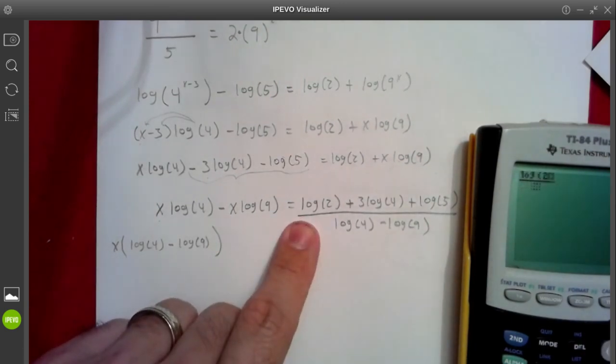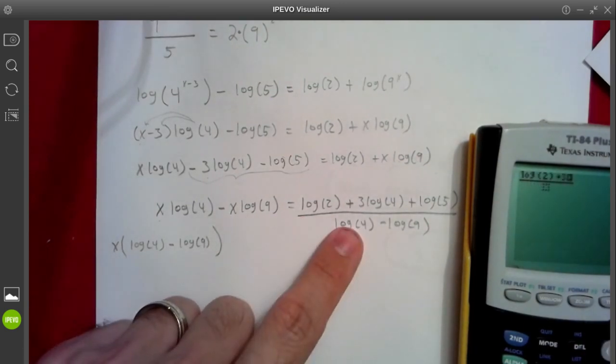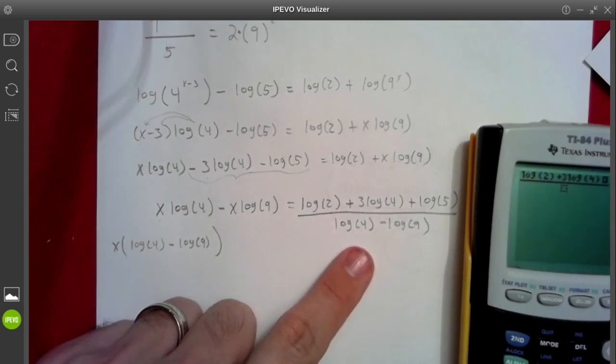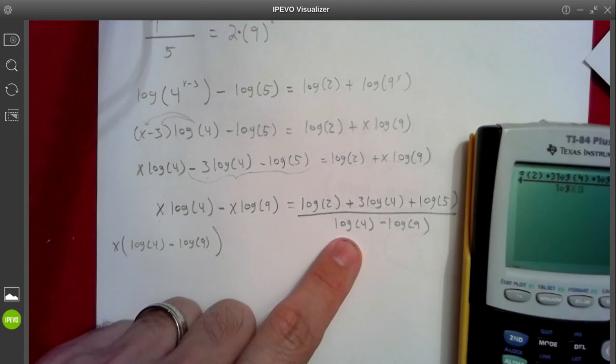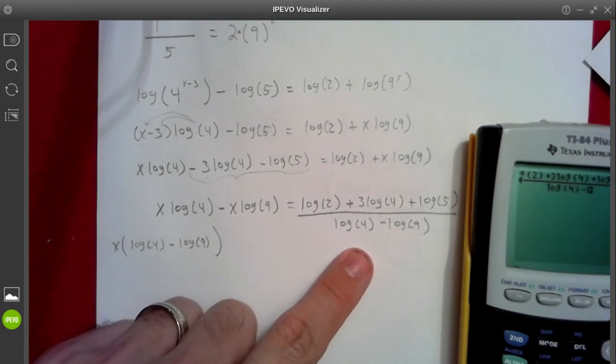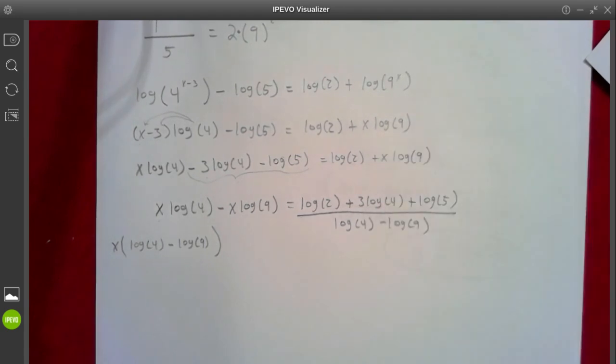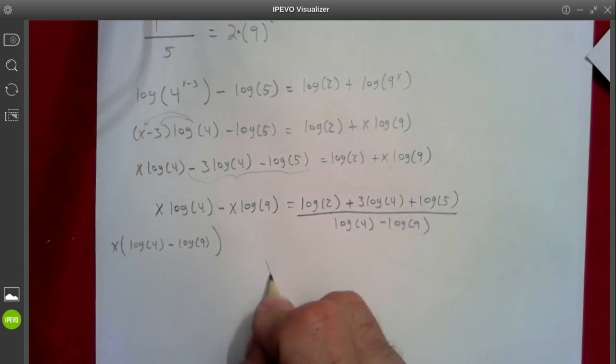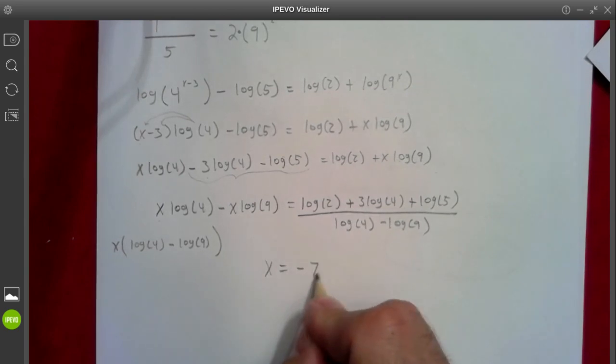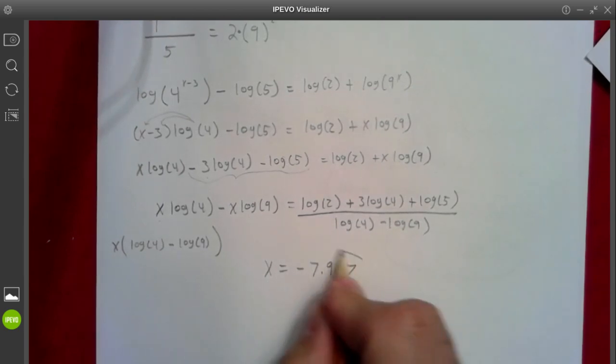All right, we get log 2 plus 3 log 4 plus log 5, divided by log 4 minus log 9, which is negative 7.967. So x will equal negative 7.967.